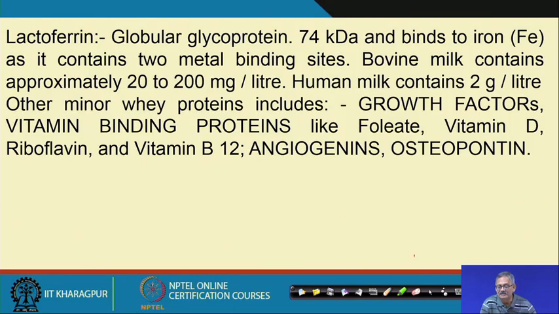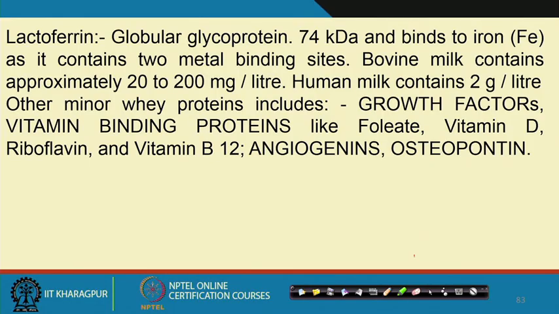Depending on the source, the type, etc., the lactoferrin content may vary. Human milk contains around 2 gram per liter. So, human milk contains much more lactoferrin than bovine milk, right.